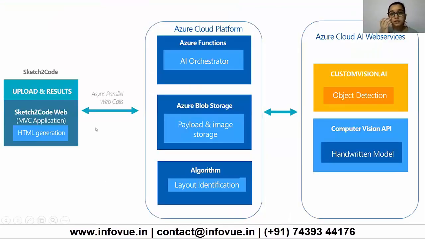What this software basically does is, first, it detects the design pattern. Here we have a custom vision model trained to perform object recognition against HTML hand-drawn patterns, used to detect meaningful design elements in an image.